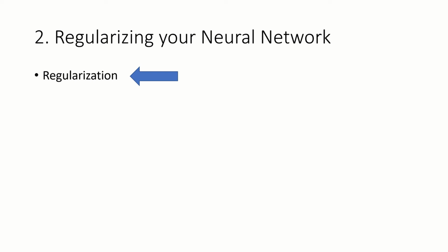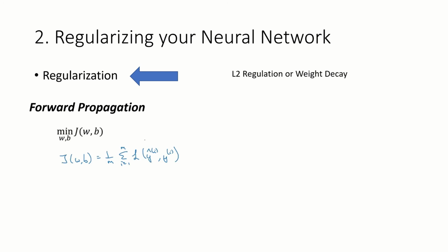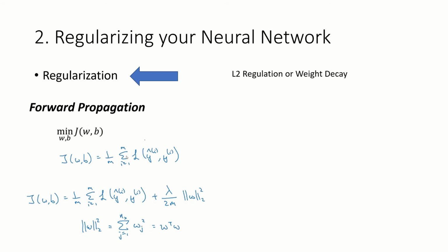Now, in this lecture, we're going to look into L2 regularization, or weight decay, as it's sometimes referred to. So this is our forward propagation equation that we have seen over the previous lectures. With regularization, we add a new term to the right of the cost function here, where W stands for this.